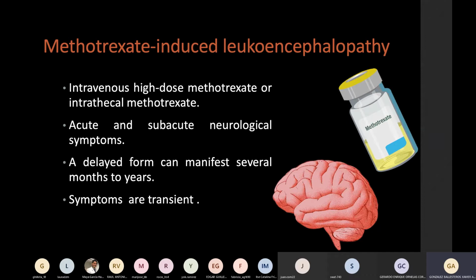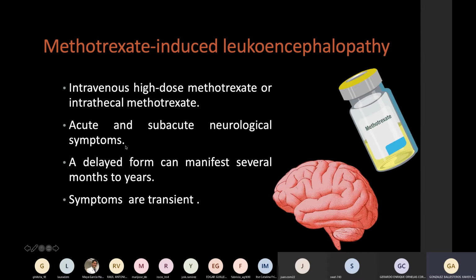And as we know, leukoencephalopathy is a structural alteration of cerebral white matter in which myelin suffers the most damage. It is the major and most devastating delayed complication of methotrexate treatment, and this disorder generally follows repeat doses of intravenous and intrathecal methotrexate, but it may occur after a standard dose intravenous injection as well.